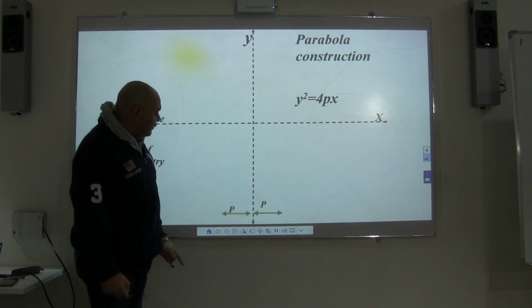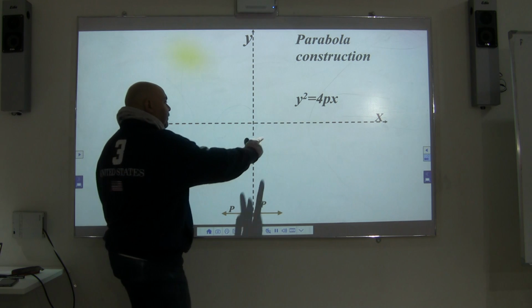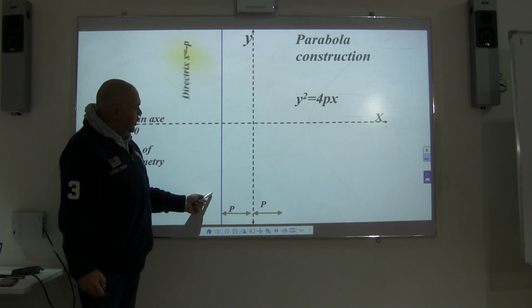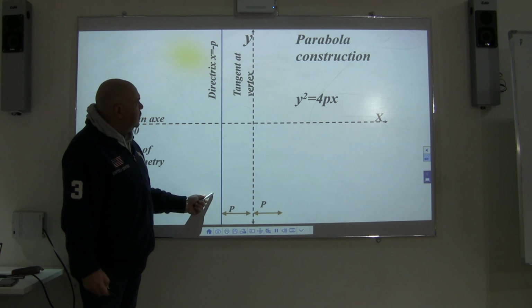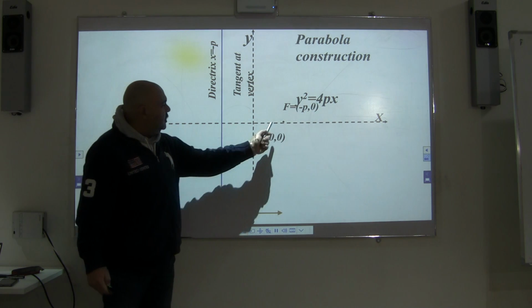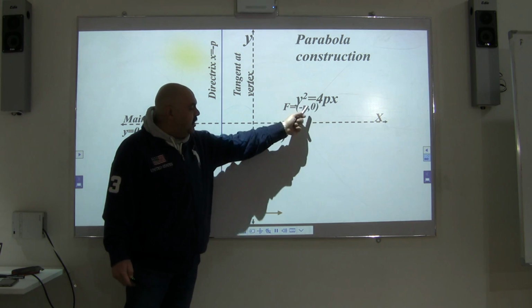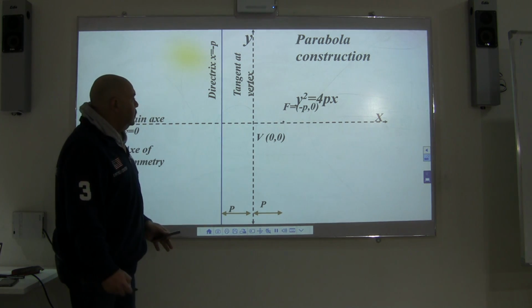So p to the left, p to the right. Now I have the focus and I have the directrix. This line is the directrix, this is the main axis, and the vertex is 0, 0. This is the point of the focus, which is p, 0 on the positive side, of course.